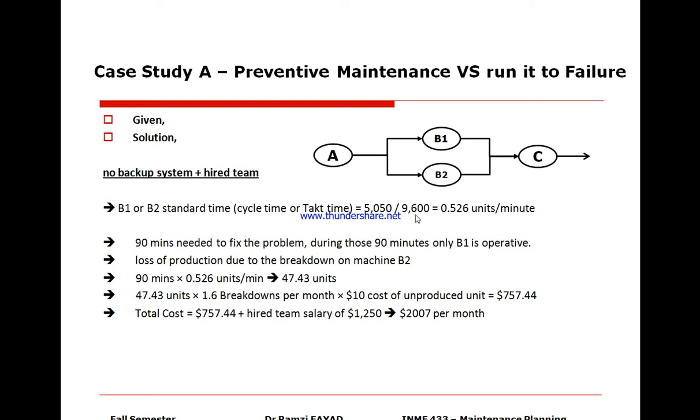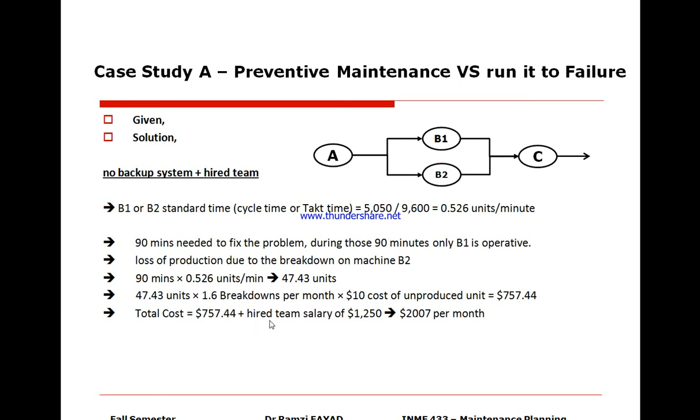We have 9,600 minutes per month and we're producing 5,050, so each minute we produce 0.526. In 90 minutes we lost production of 47.43 units, and the breakdown is occurring 1.6 times per month, at $2 per unproduced unit. So this is the total cost, the loss of opportunity, loss of money.